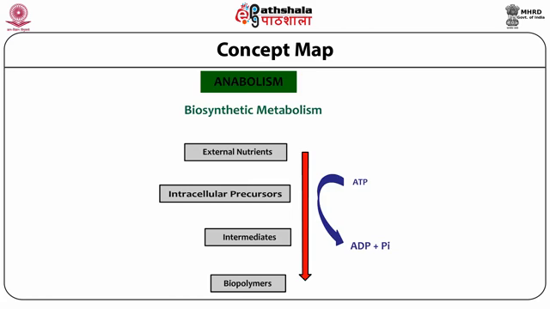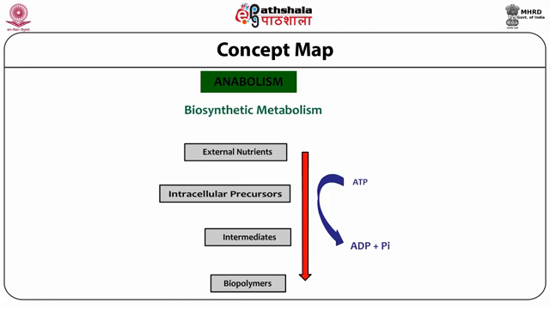the external nutrients serve as the precursor of the simple molecules, and the sources may be from the intracellular or maybe intermediates from the linked metabolic pool for the synthesis of macromolecules.